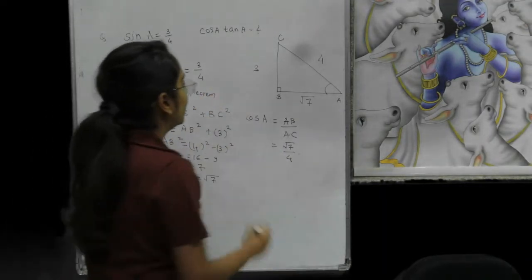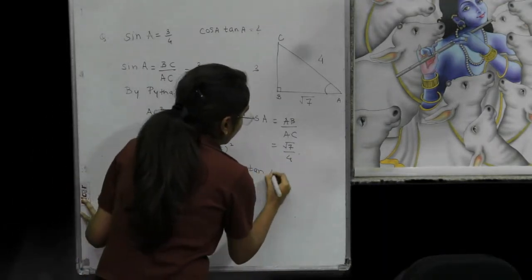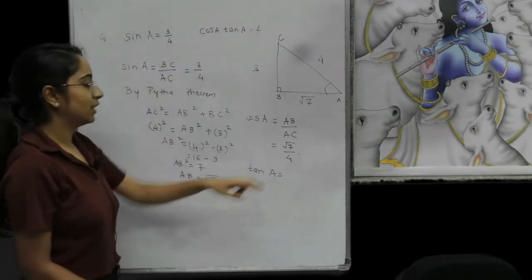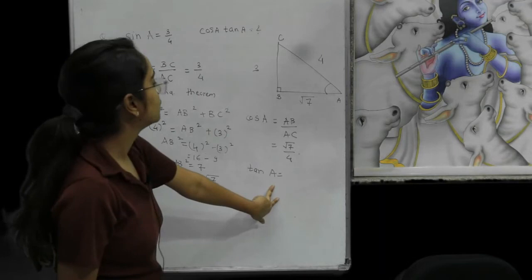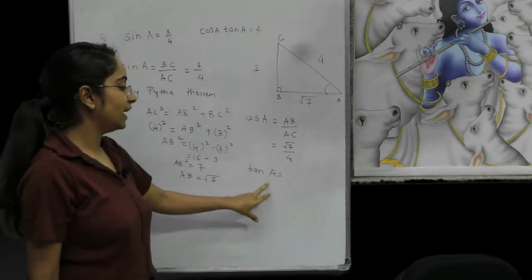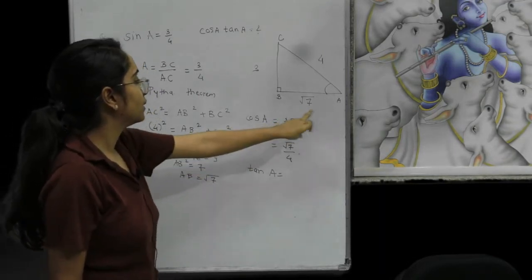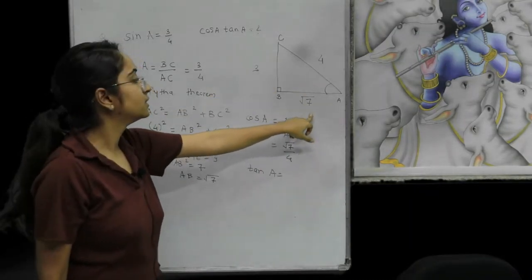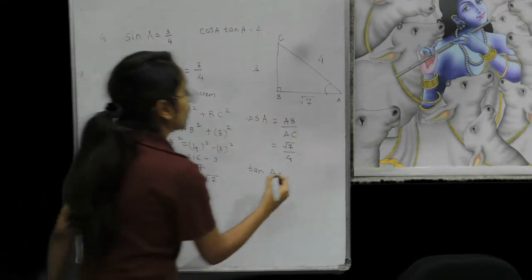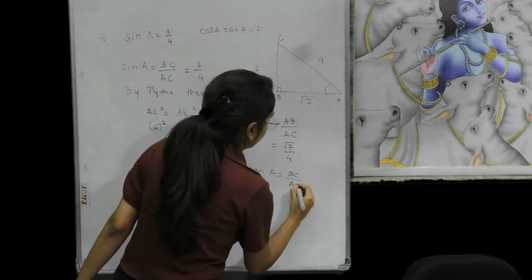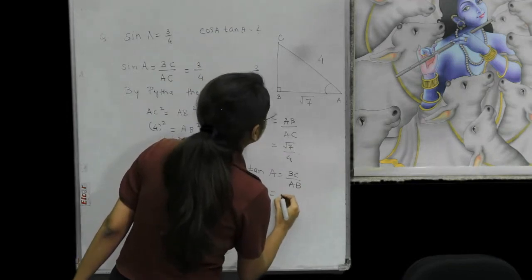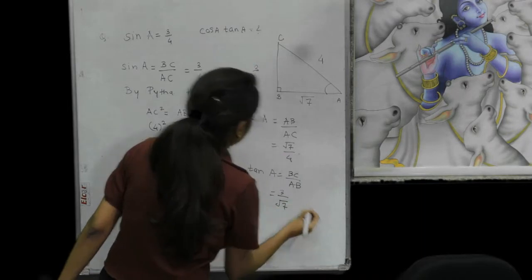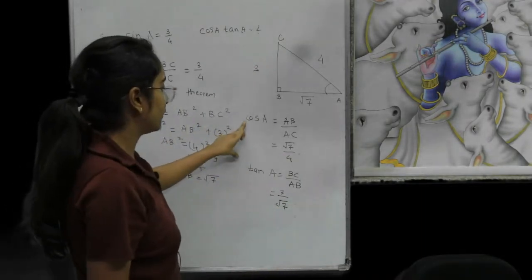And tan A. For solving all these questions, we need to remember all the trigonometric ratios formulas. So the formula for tan A is the side opposite to angle A, which is BC, and the side adjacent to angle A, which is AB. So BC upon AB, which comes to be 3 upon root 7. Thus we have both the values of cos A and tan A.